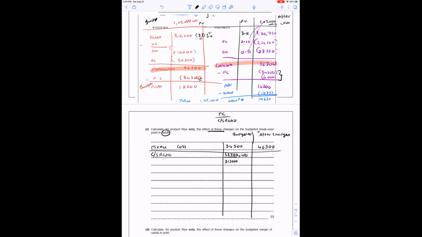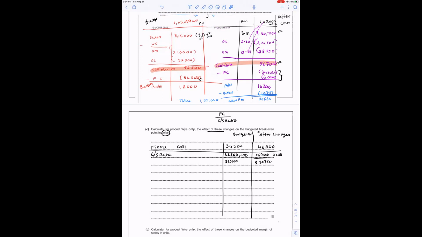Here the contribution to sales ratio is 56,700 contribution, sales is 330,750, into 100. So contribution to sales ratio is how much? First one, 52,500 divided by 3,15,000 into 100.